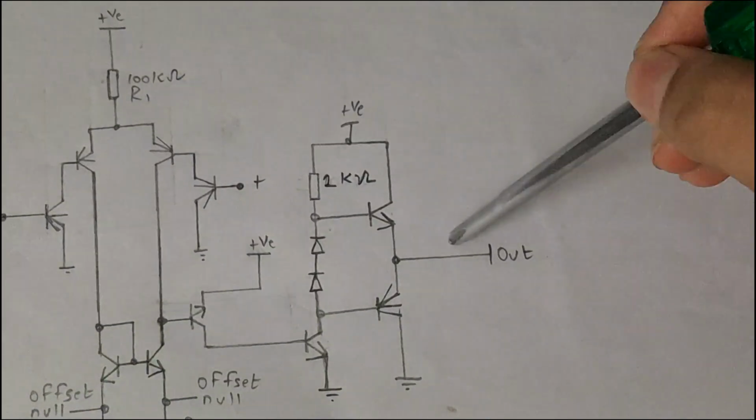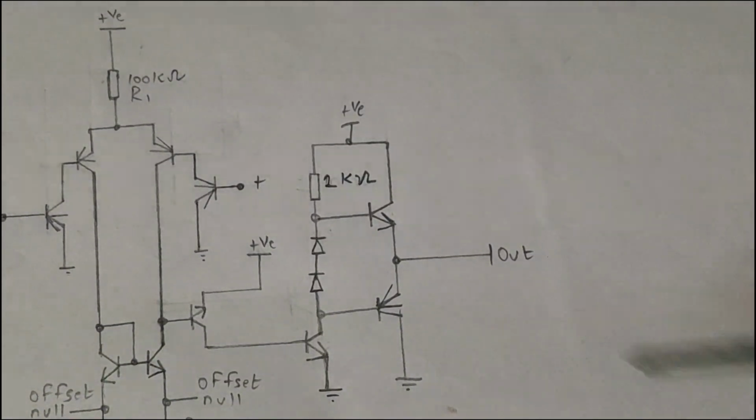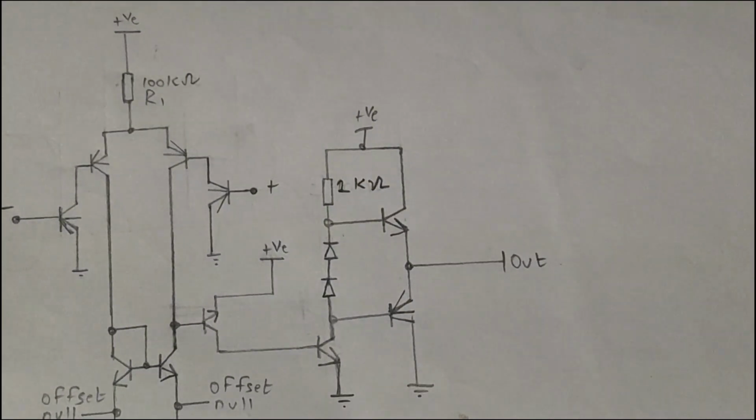And then we can probe the output, we can use the output, we can make our oscillator using this, we can make an audio amplifier or whatever which can be made using an op amp.